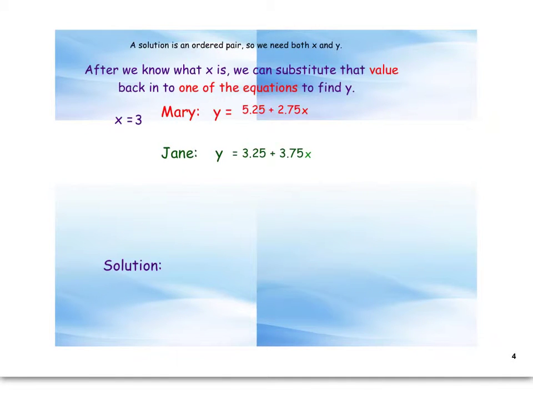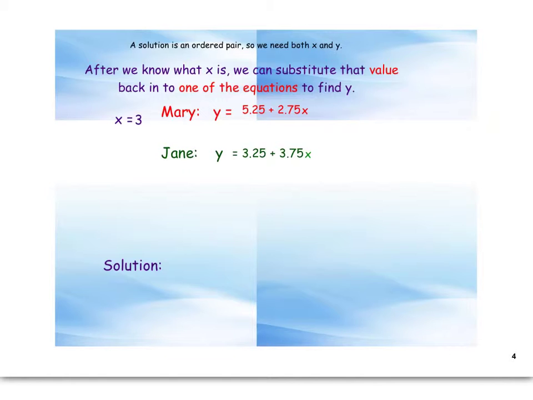Now remember, from looking at the graph of an equation, that a solution is an ordered pair. So we can't just have what x equals. We need what y equals also. So in order to find out what y equals, we're going to plug in a value for x and then solve and see what we get.